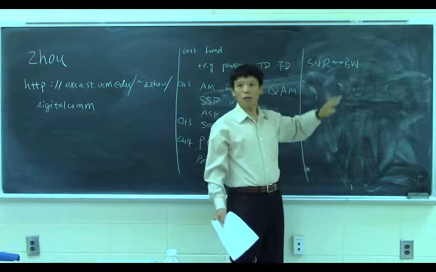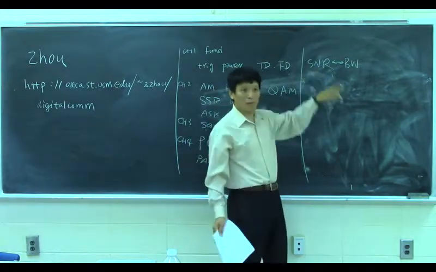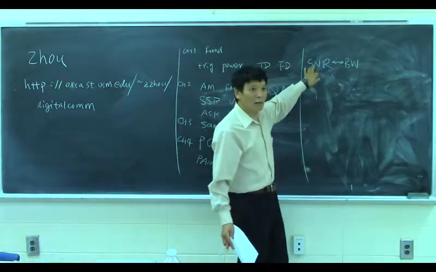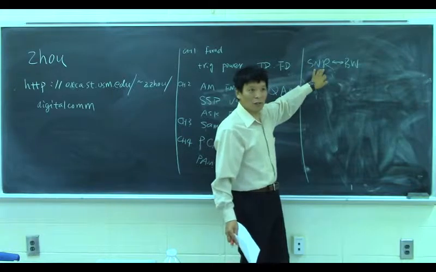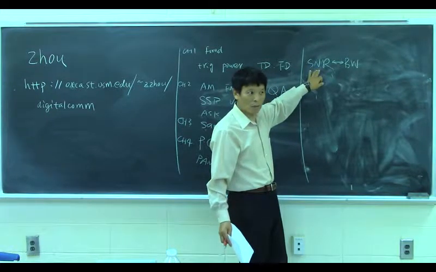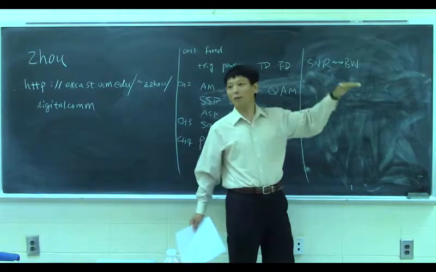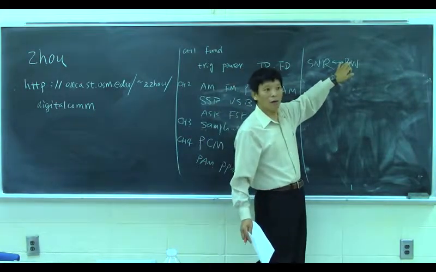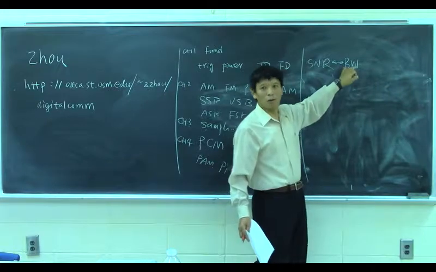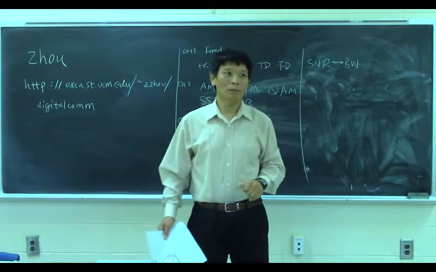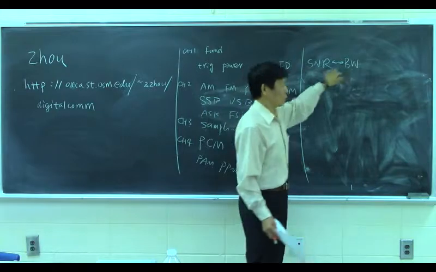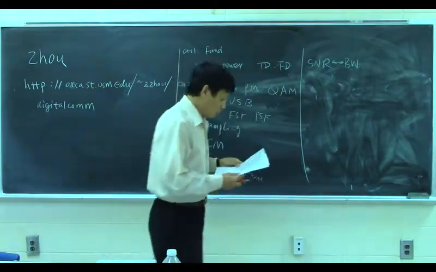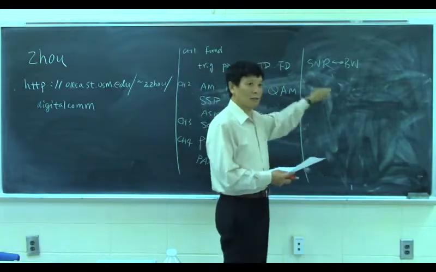If you are in a remote area, off the city or off the highway, your signal-to-noise ratio is very low, but still above some threshold, so you can still receive something. Then you need a wider bandwidth to have the same quality. So these two can be balanced. We are going to discuss the details later.